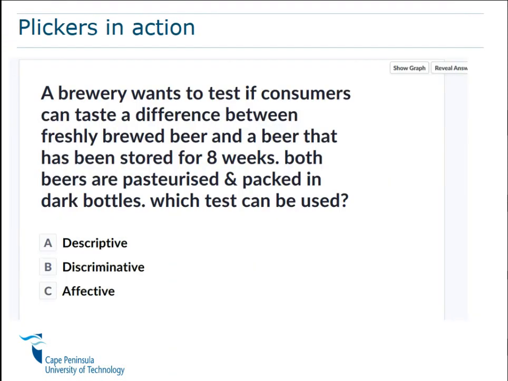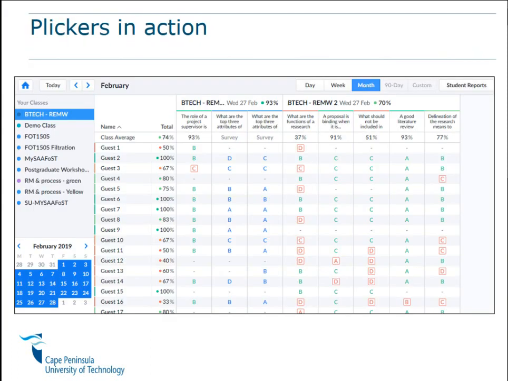If I may go back to this slide, with regards to the questions, there are 2 types of questions that we get in Plickers. We have the multiple choice questions, which have a maximum of 4 options, and then you also have survey-type questions that you can ask your students.